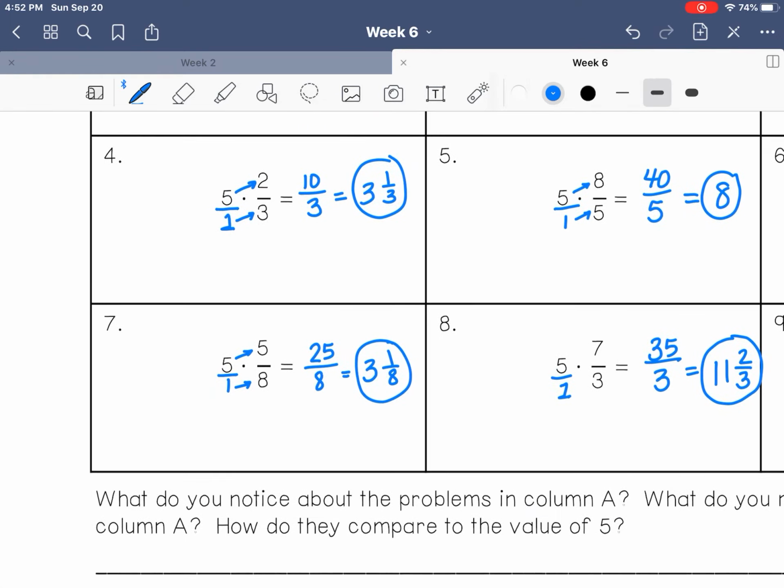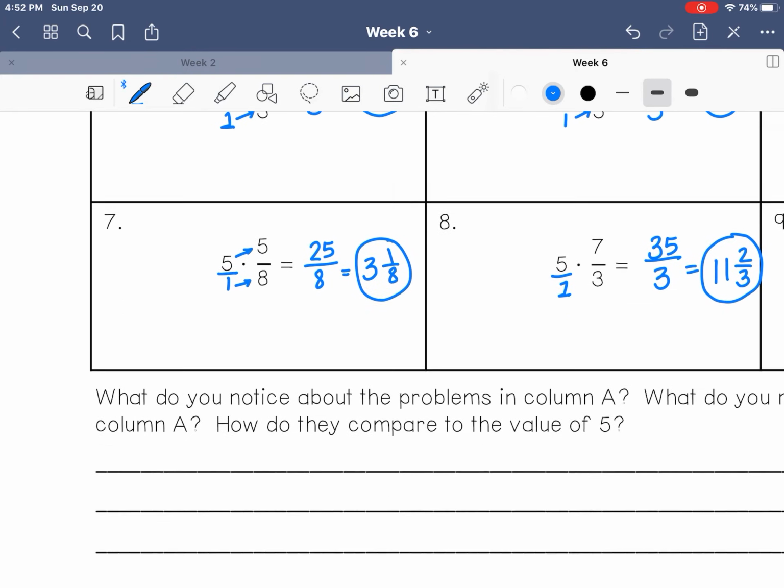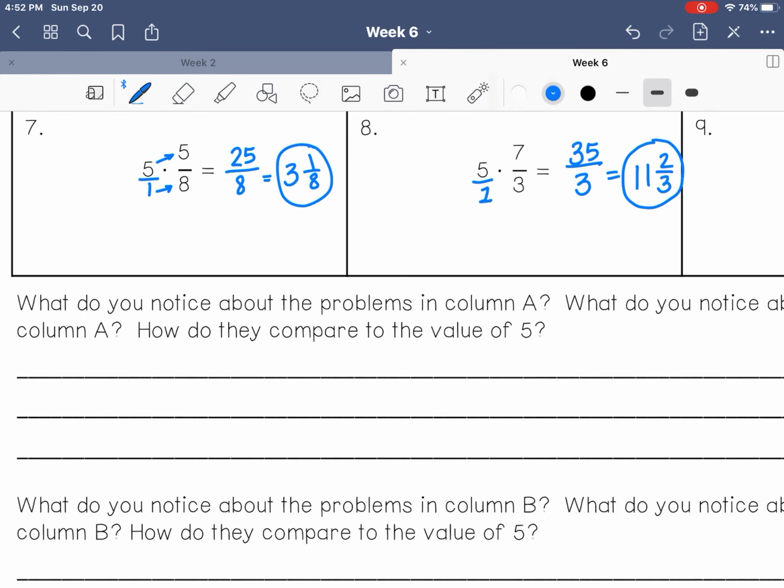The answers are all mixed numbers. Interesting. So what do you notice about the problems in column A? Here's what I wanted you to notice. All of the numbers in column A were a whole number multiplied times a proper fraction.